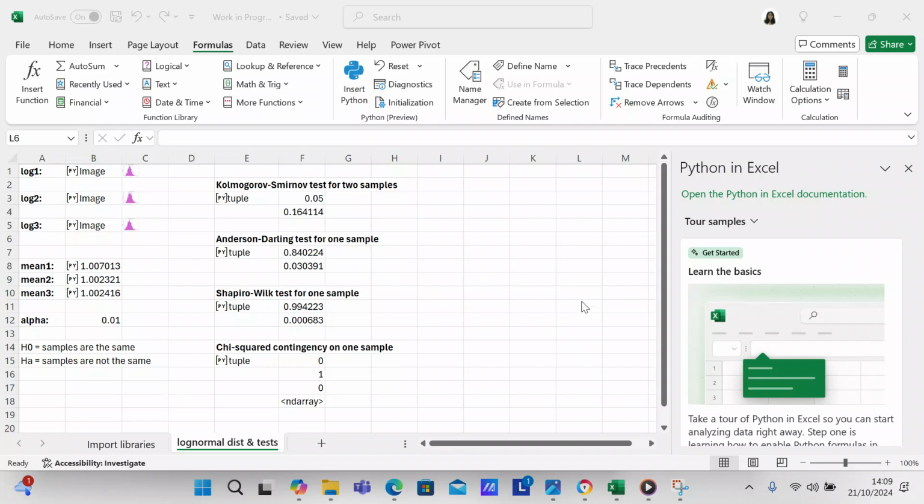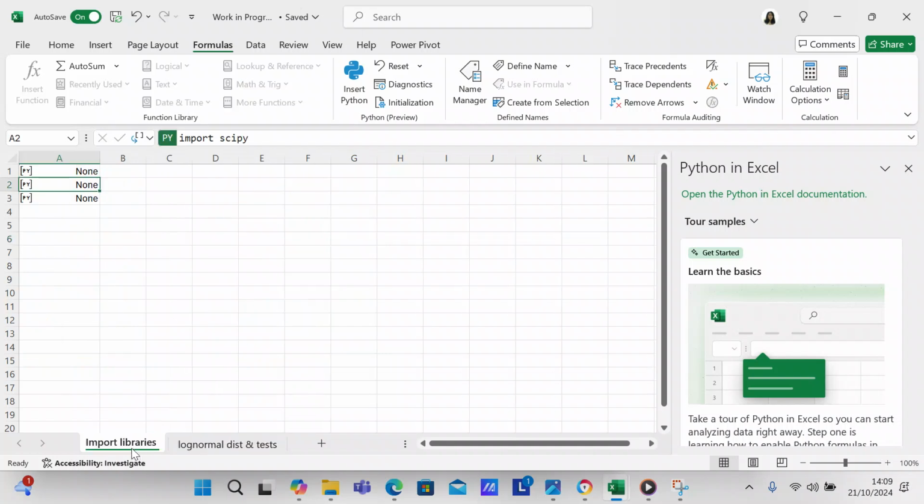But before we create the distribution, you need to go into the first spreadsheet in your workbook and ensure that you import all of the libraries you're going to need.